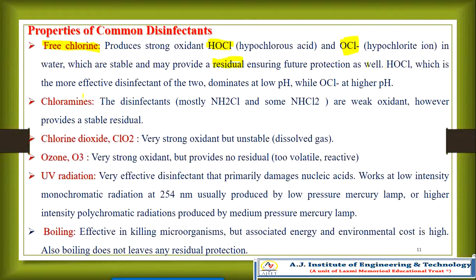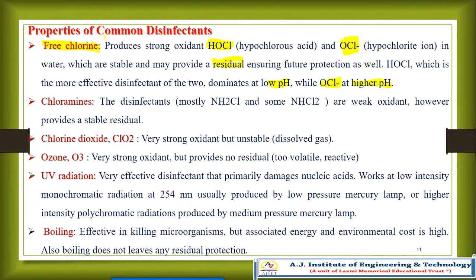HOCl is the most effective disinfectant at low pH, while OCl- is effective at higher pH. So hypochlorous acid and hypochlorite are together effective in both domains, low pH as well as higher pH.